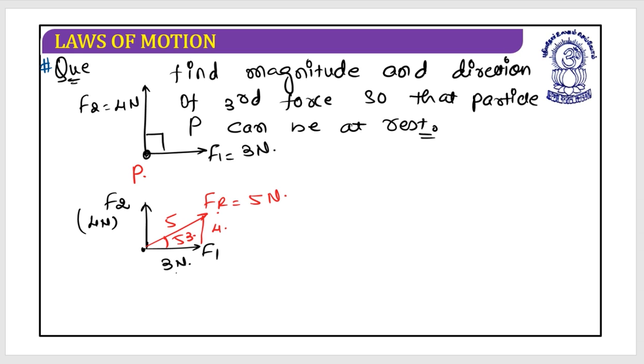So the new vector that would be required, that is F3, would be of the same magnitude.